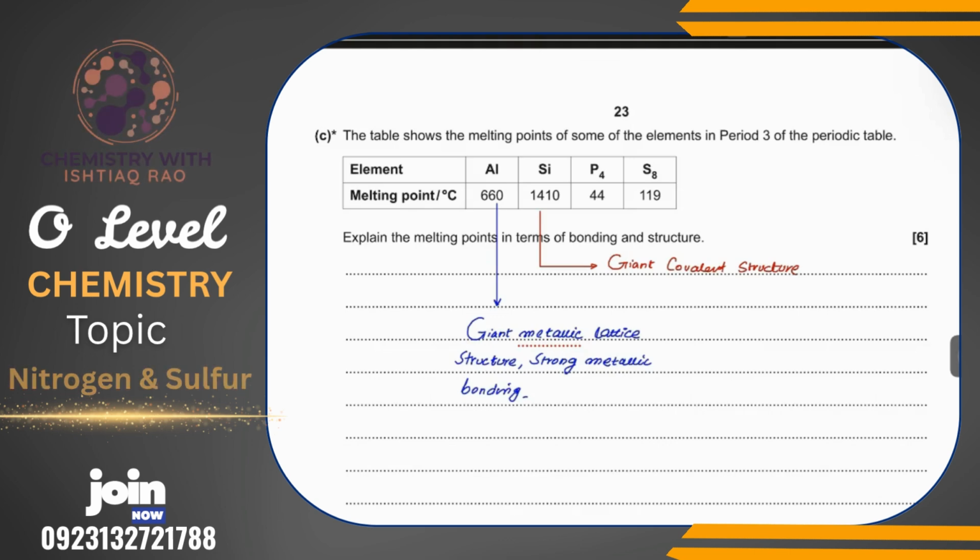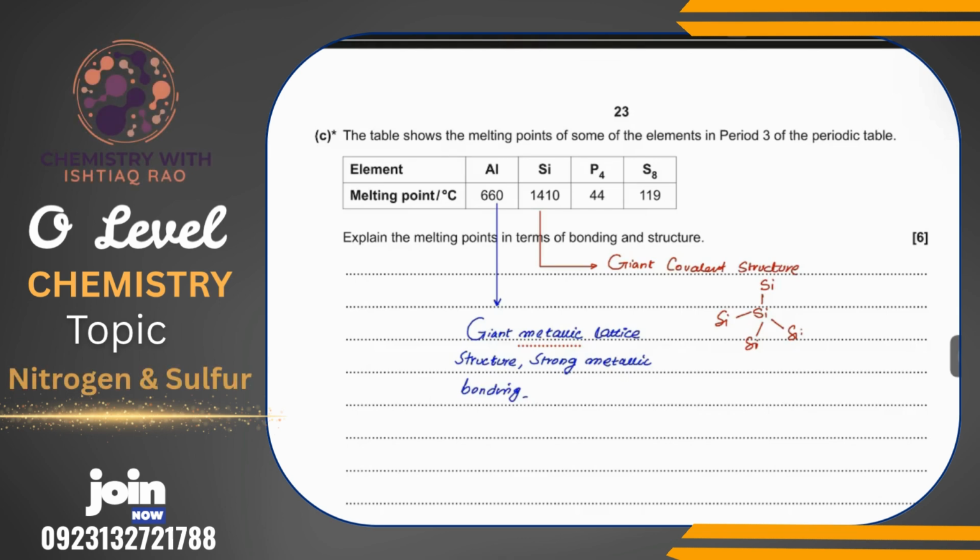That's the structure for silicon. Silicon, silicon, silicon, and silicon. Each silicon is bonded with four other silicons, and a lot of silicons are there. So there would be a lot of covalent bonds. So of course, more energy would be required to melt or boil silicon. That's why it has the highest melting point across period 3.